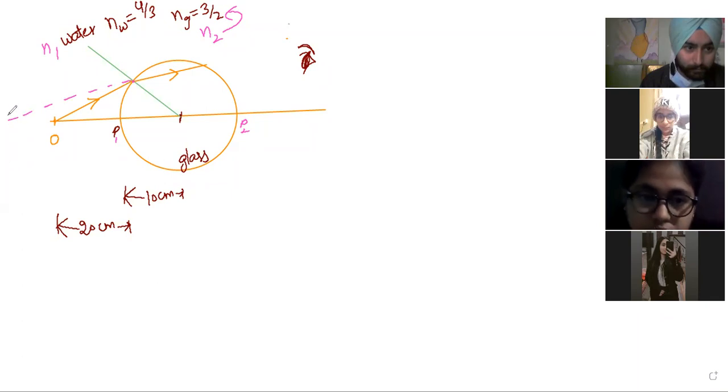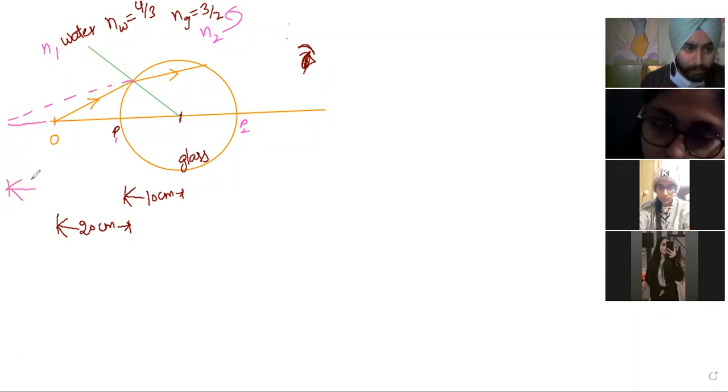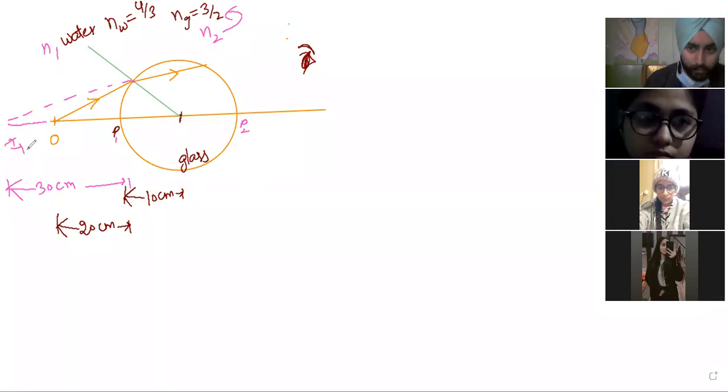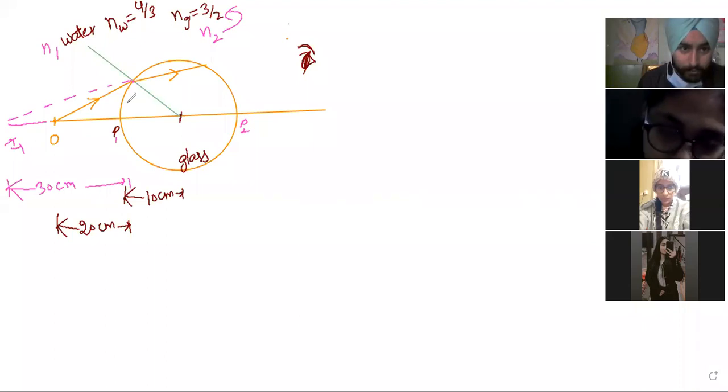According to this, जो इमेज है that will form at this point, that is at 30 centimeter, and we will write it as I1. This is your first surface and this is your second surface.